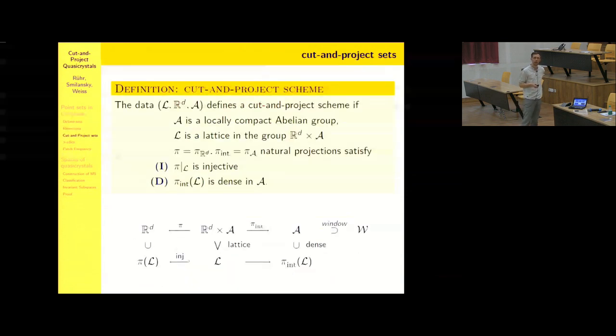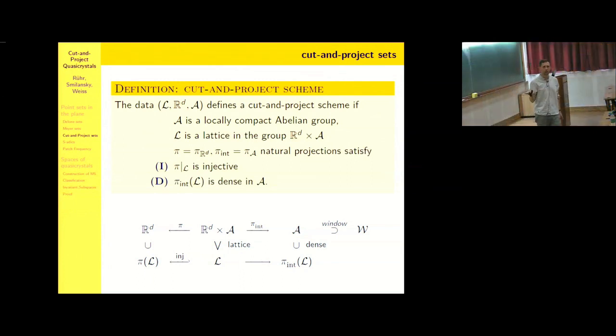Okay, so I'll give you a formal definition of a cut and project quasicrystal. First, we start with the cut and project scheme, where we don't have a window yet, but we start with data consisting of a lattice, curly L, which sits inside some product space R^d times A, where A is some locally compact group. Think R^m. I want to introduce a notation for the natural factor projections, pi and pi internal.